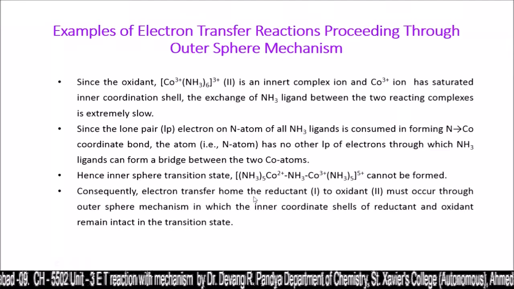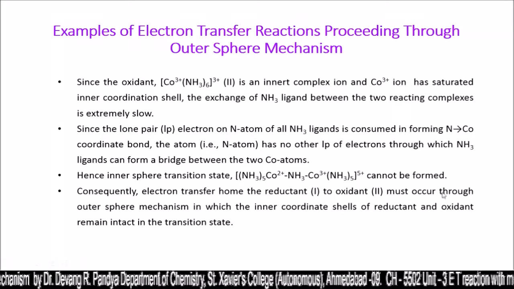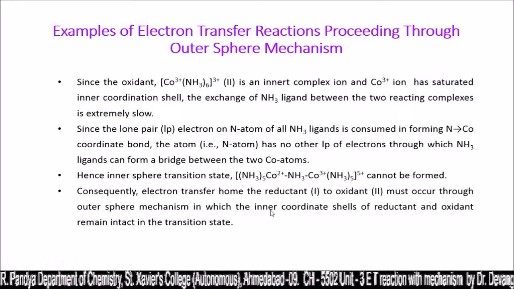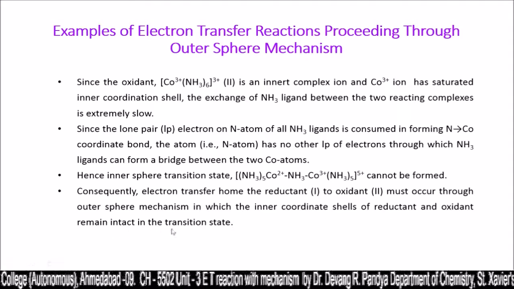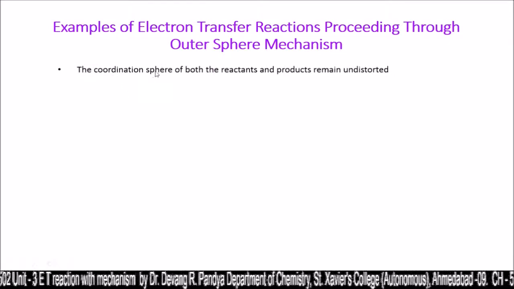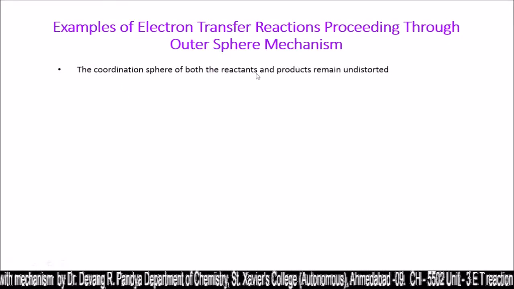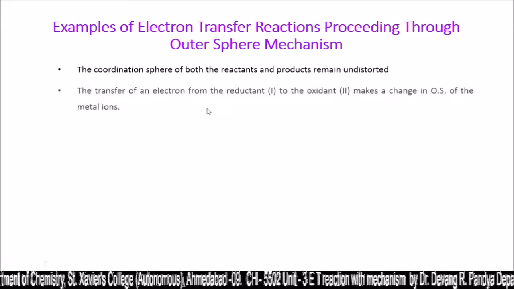Consequently, the electron transfer from the reductant to the oxidant must occur through the outer sphere mechanism, in which the inner coordination cells of the reductant and oxidant remain intact in the transition state as well. The coordination spheres of both the reactants and products remain undistorted.